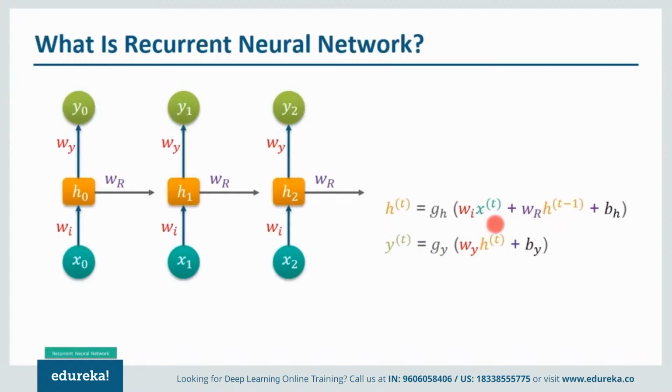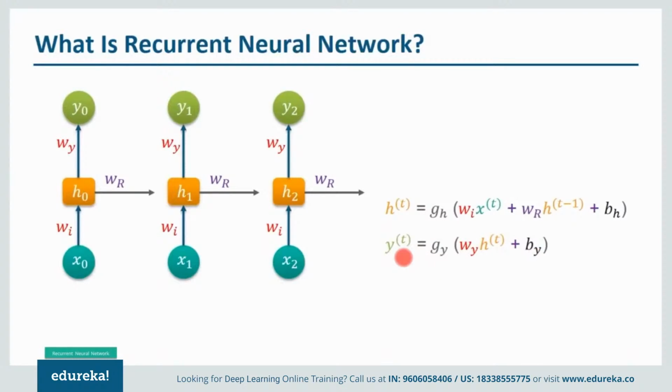So wi into x of 0 plus bh passes through a function g of h to get h of 0 over here. After that I want to calculate y0.